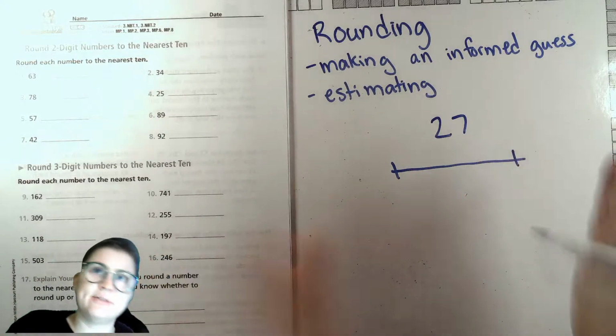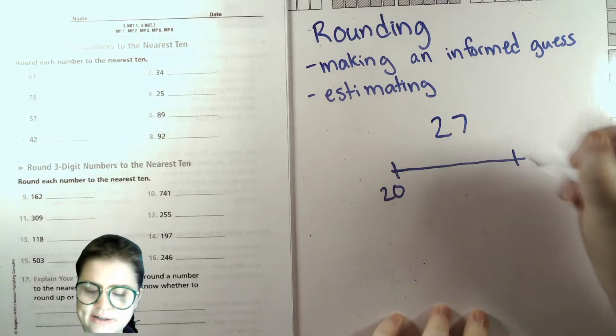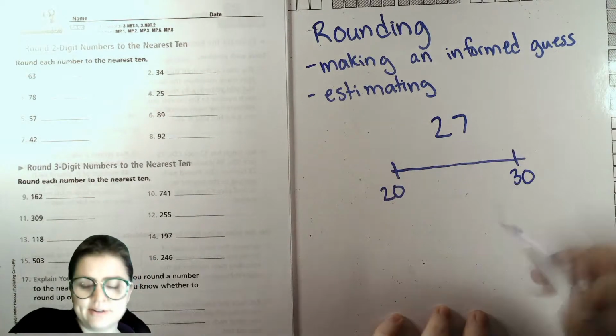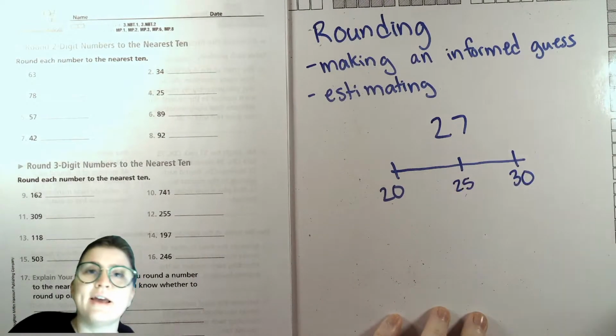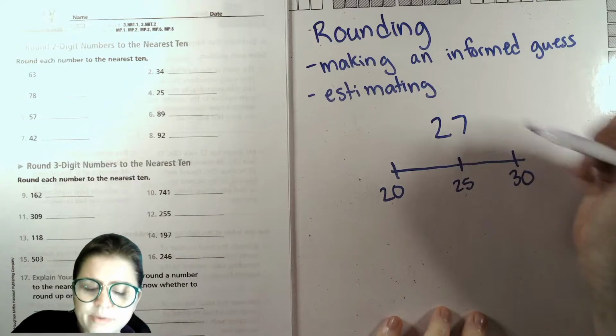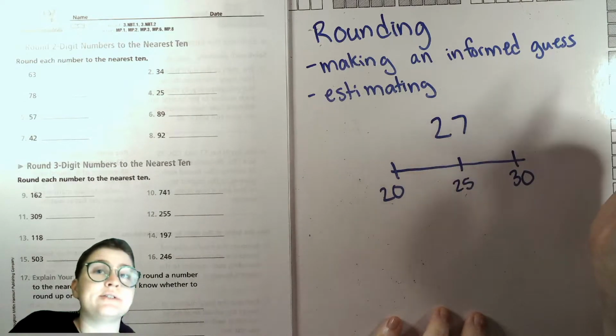So we identify the ones that sandwich it. So this would be 20 and 30. Then we figure out the midpoint between those, which is 25. And then we can figure out where this would go on that number line and which one it would be closest to from there.